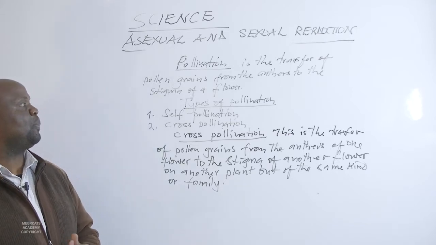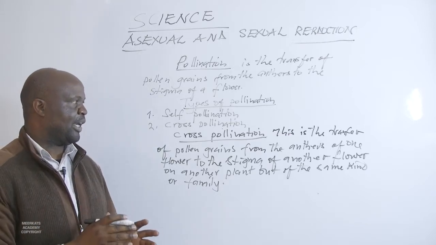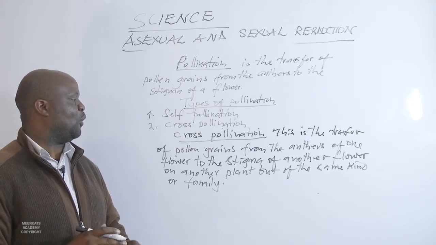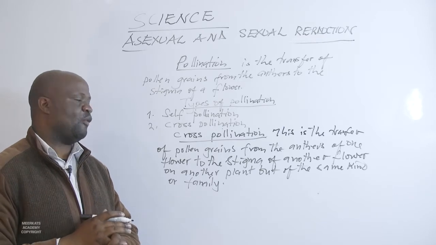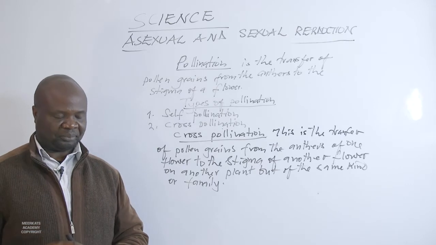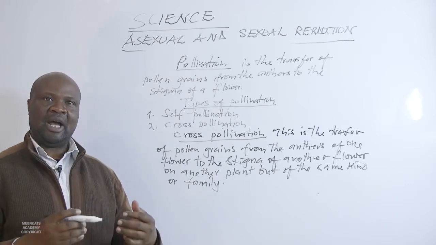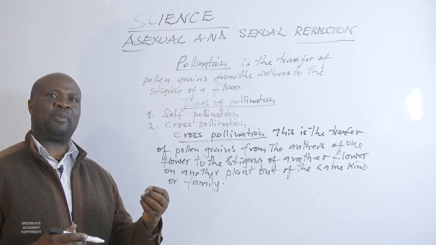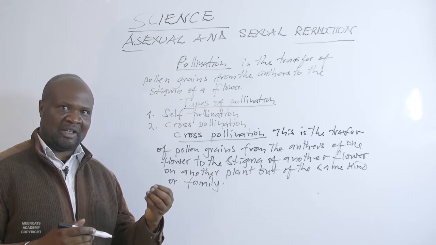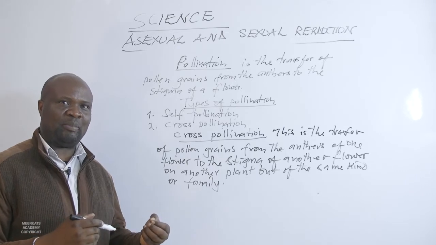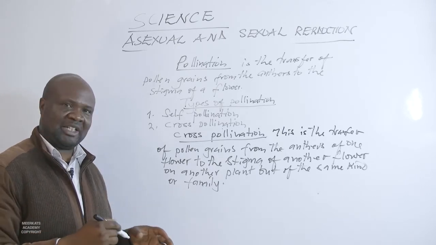So cross-pollination is the transfer of pollen grains from the anthers of one flower to the stigma of another flower on another plant, but of the same family. The pollen grains are transferred maybe by an insect from one plant to fertilize a different plant of the same kind, not the same plant.